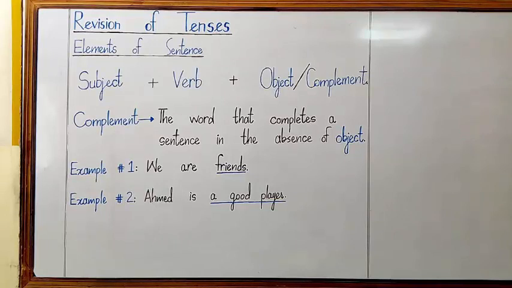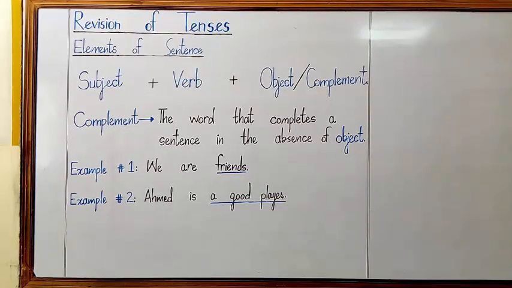We are friends, Ahmed is a good player. In these two sentences, there is no action. When there is no action, there is no object. When there is no object, there is complement. So, I hope you have clearly understood that object comes after an action verb and complement usually comes after a state verb.